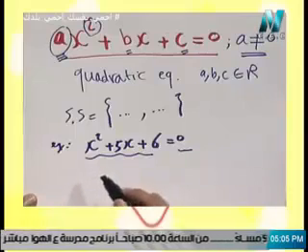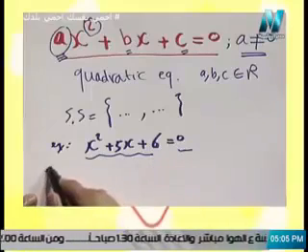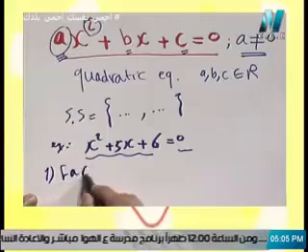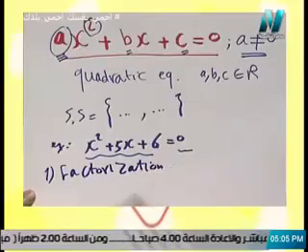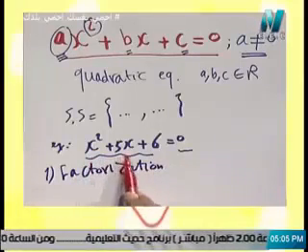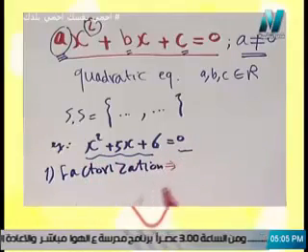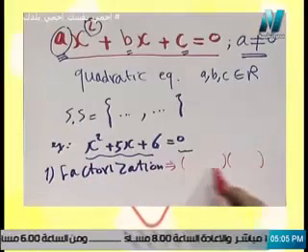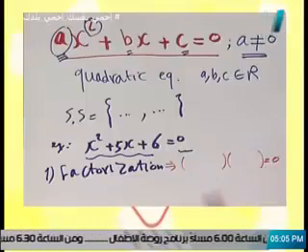We have two algebraic methods to solve this equation. The first method is factorizing, or factorization. What is factorization? If we have x power 2 plus 5x plus 6, we can factorize this expression into two brackets multiplied by each other and equal 0.